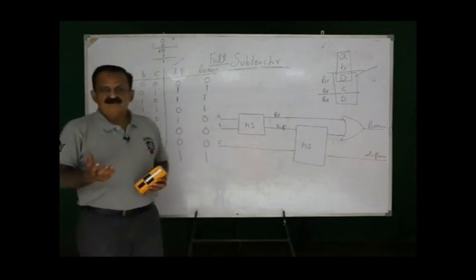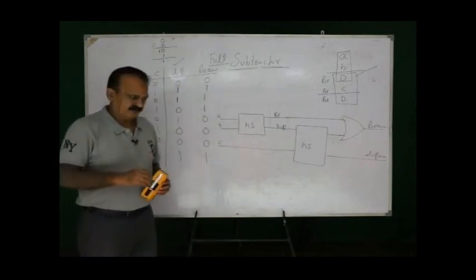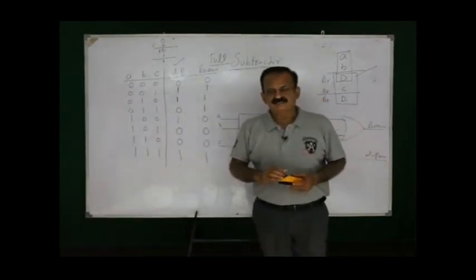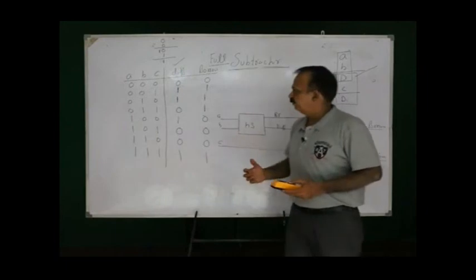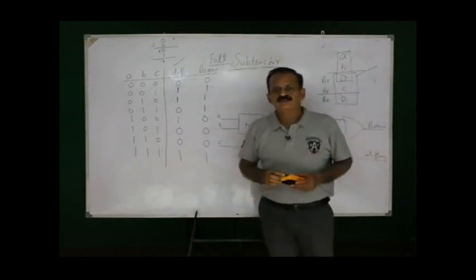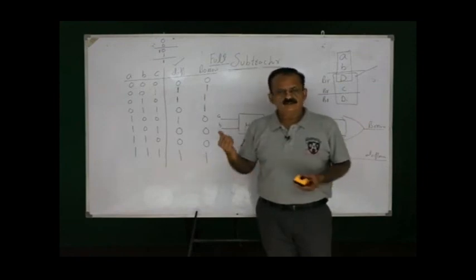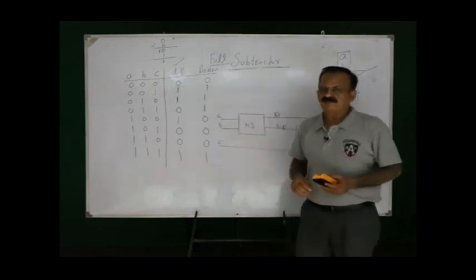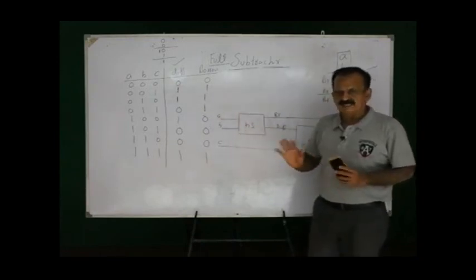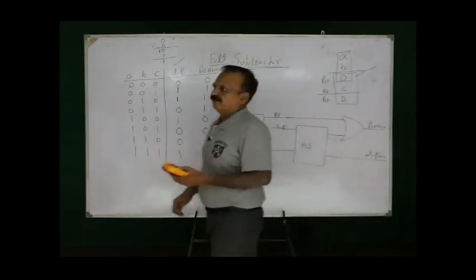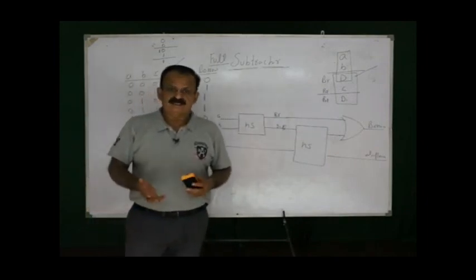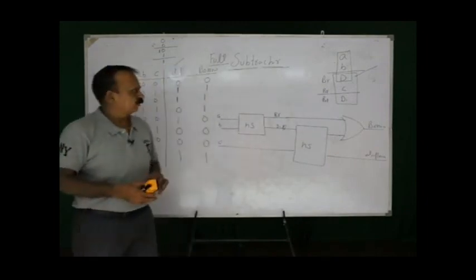Another question can be: implement half subtractor by using universal gates, by using NAND gate, and same implement the full subtractor by using universal gates, with the help of NAND gate. So half subtractor and full subtractor using universal gates can be another question.